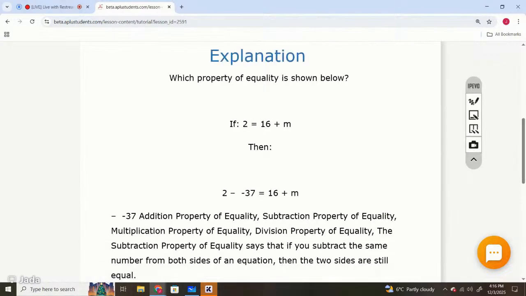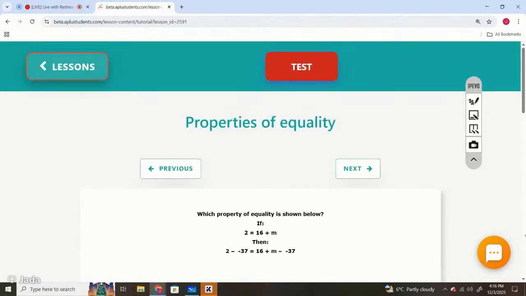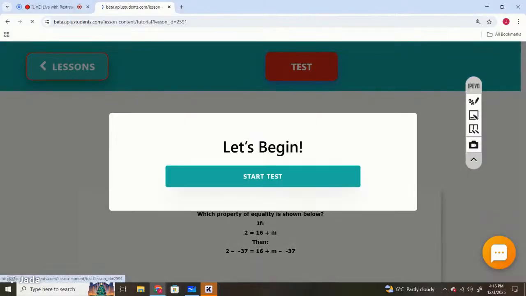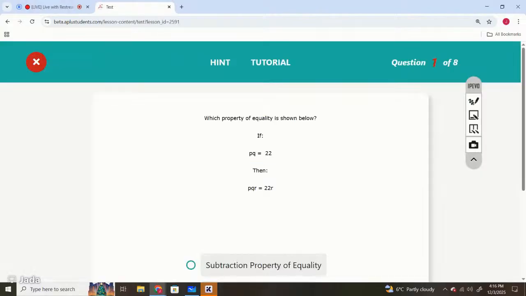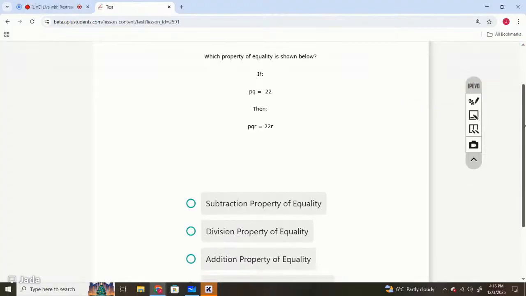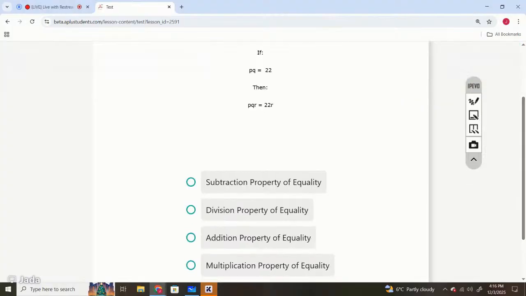Okay, let's just start with the test questions. Which property of equality is shown if PQ is equal to 20, then PQR is equal to 20R?